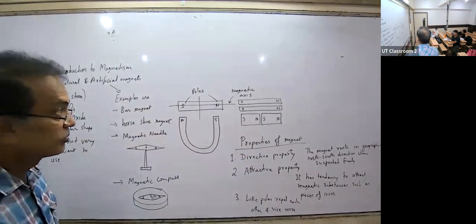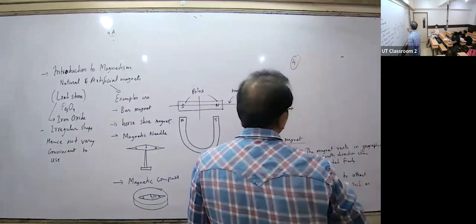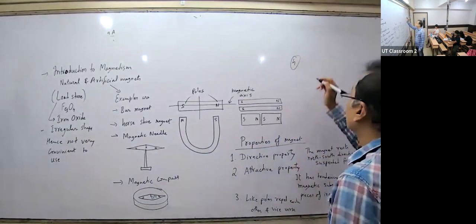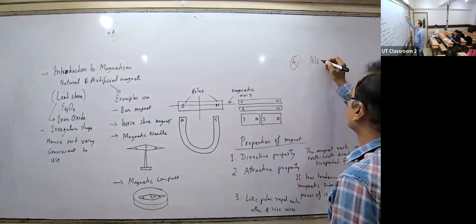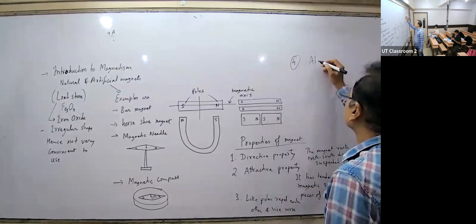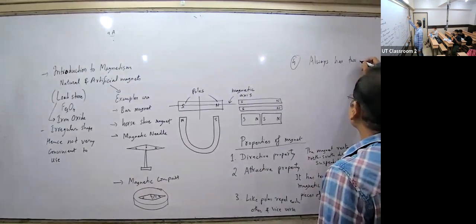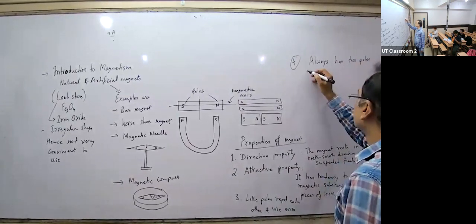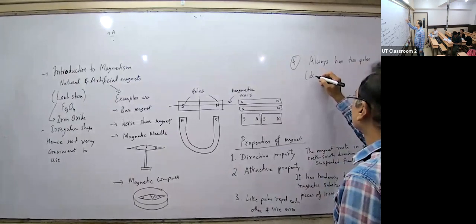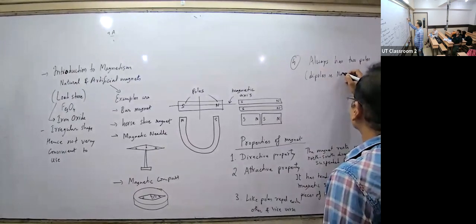Okay. What is the fourth property? Always exists as dipole. A magnet always exists as a dipole, always has two poles. This is called dipole.